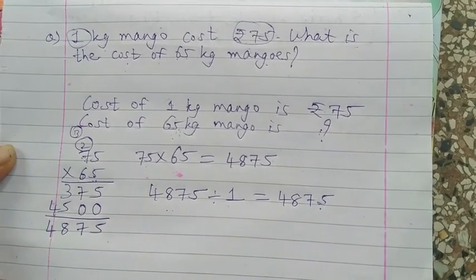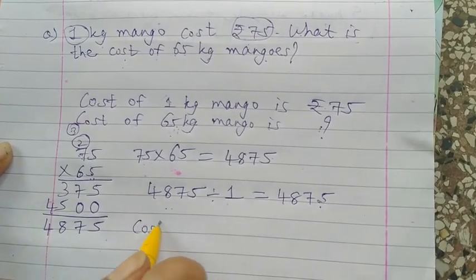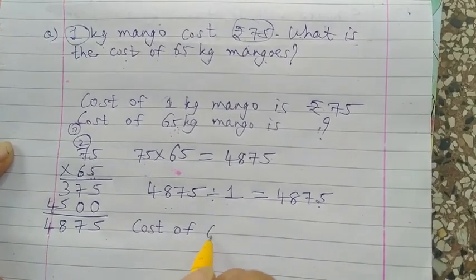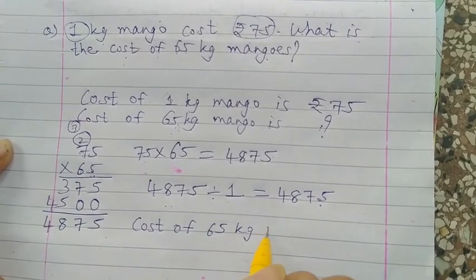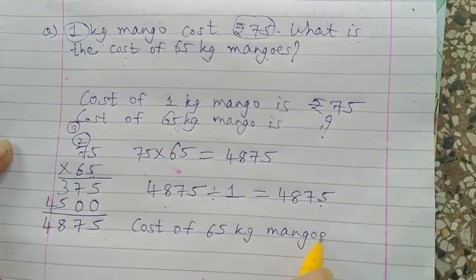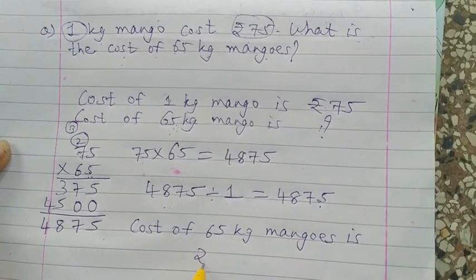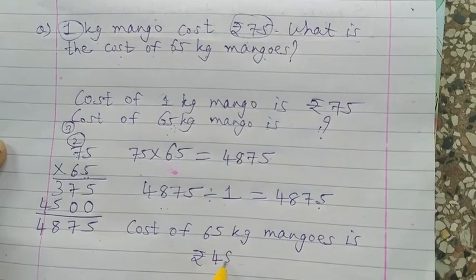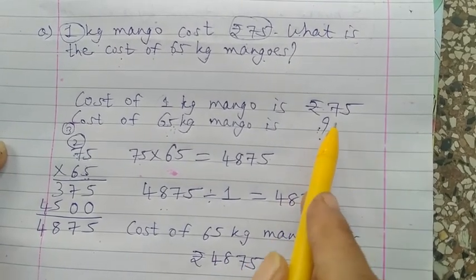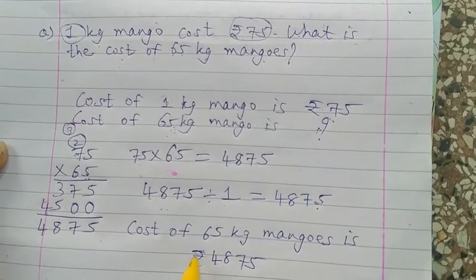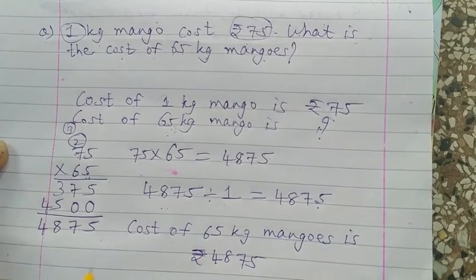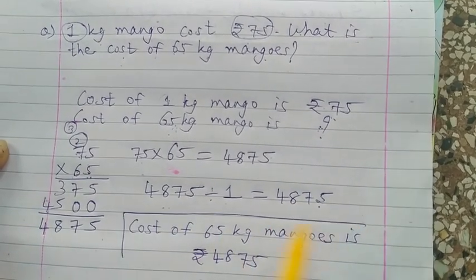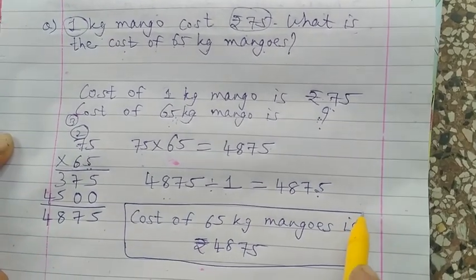So now my answer is the cost of 65 kg mangoes is rupees 4875, because I had to find rupees. So the answer will come in rupees only. This is my answer.